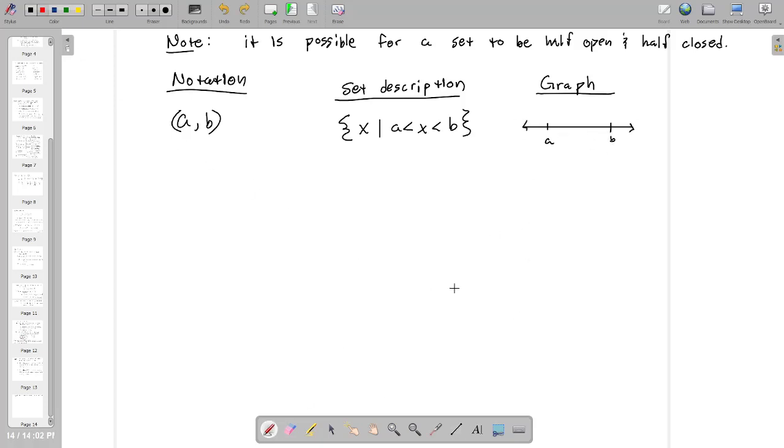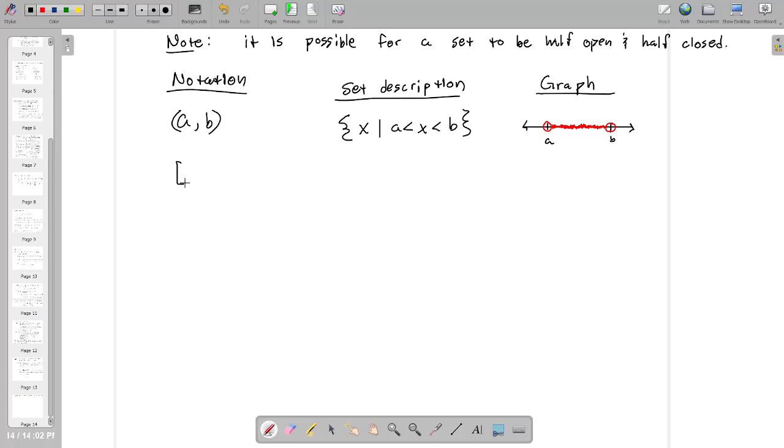When we have a set where the endpoints are not included, whenever an endpoint is not included, we graph with an open circle. And then we shade everywhere for which the number is included in the set. So here, we're talking about between A and B, so all of these numbers are within the set. So we shade all the numbers between A and B.